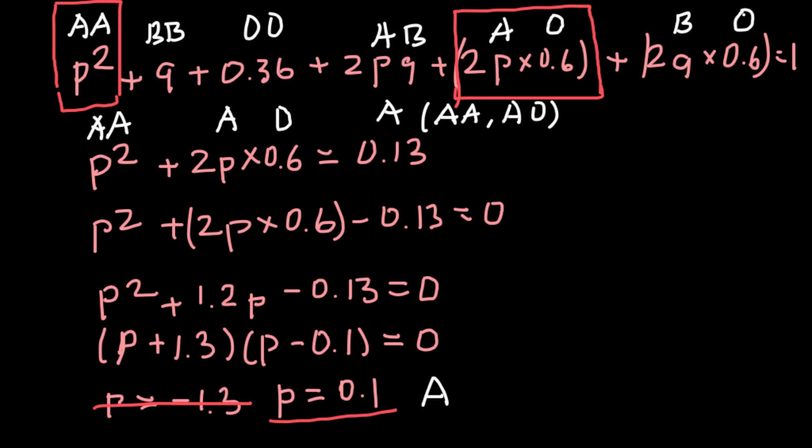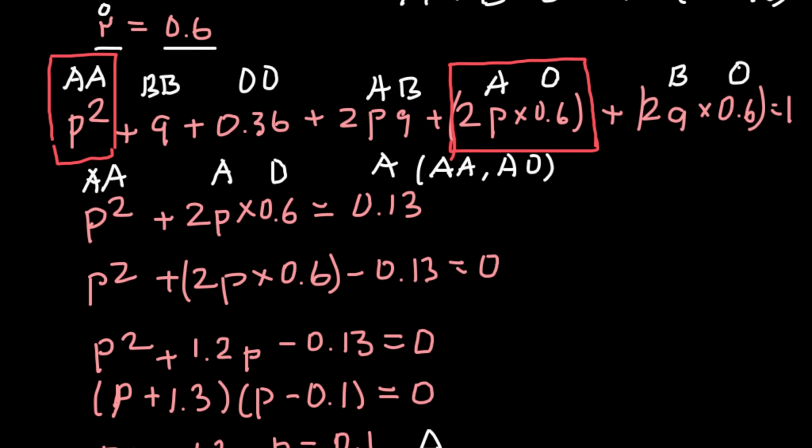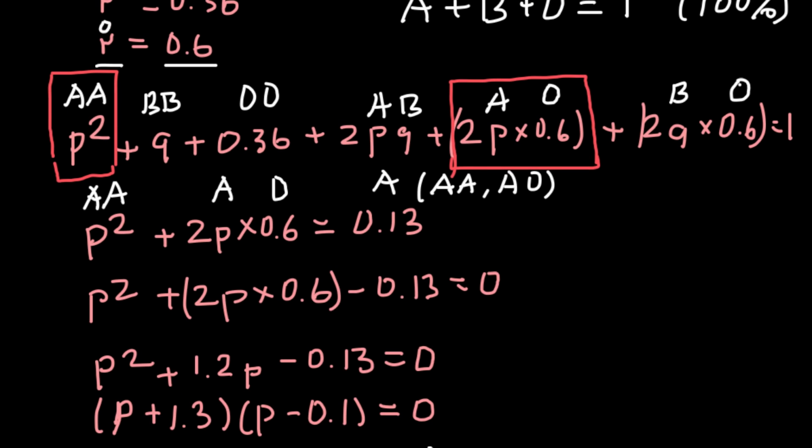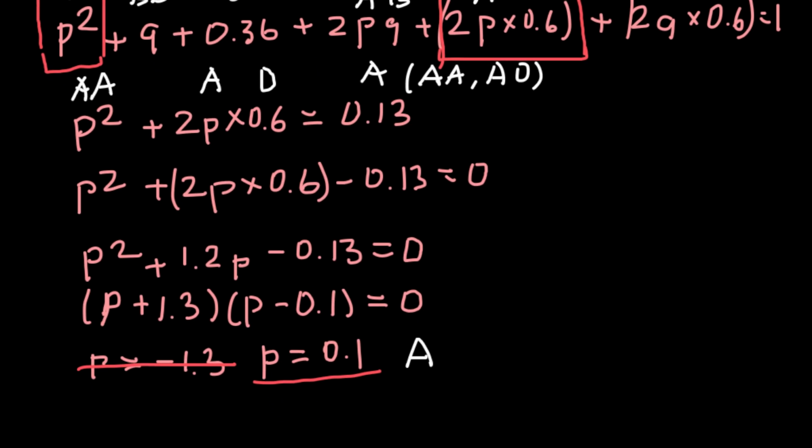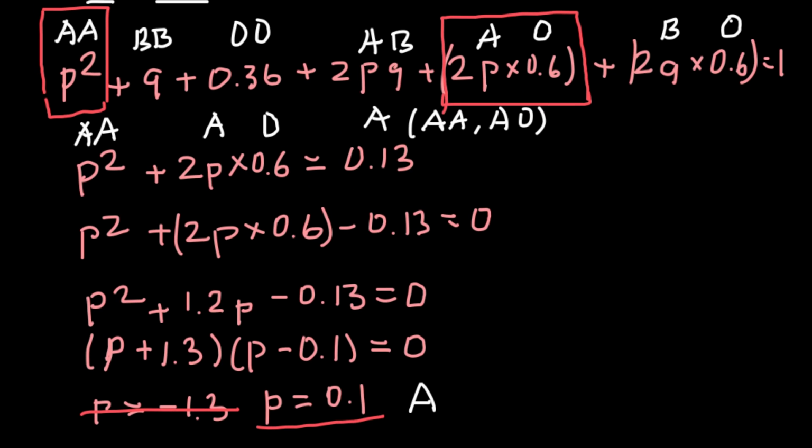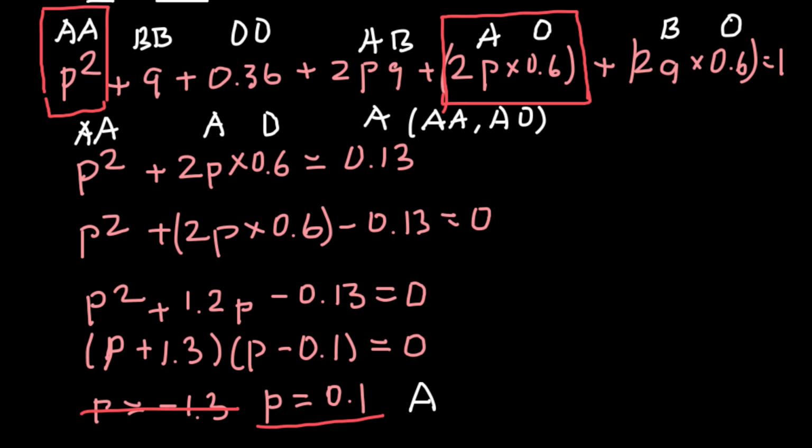So now we know the frequency of the allele A, and we know the frequency of the allele O. As you remember, this is the frequency of the allele O in the population, and now we can proceed and find the frequency of the allele B in this population.